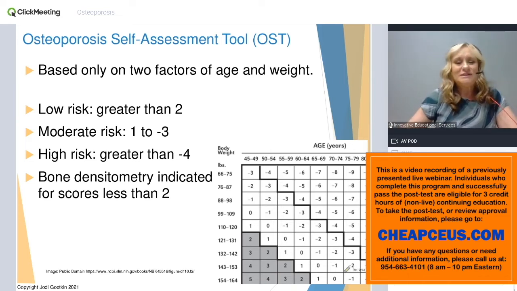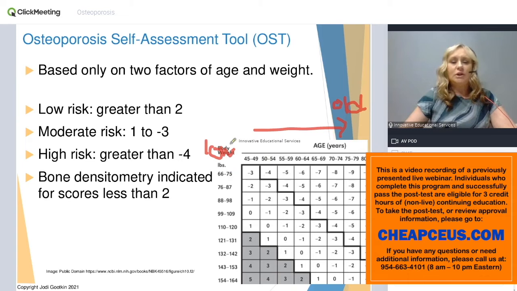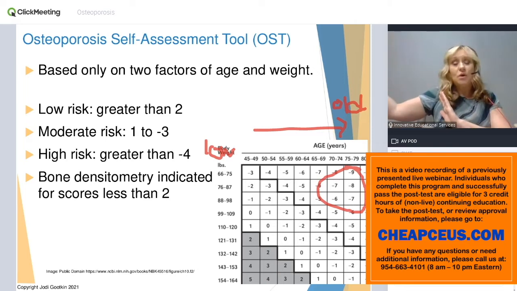This tool works similarly. It's looking at body weight, and body weight is going to be low at the top here. And then when we look at age, age is getting older as we go to the right. And if you look at that, we said low body weight and higher age, those are going to be our higher scores, more negative score, which is indicative of a greater risk of osteoporosis.